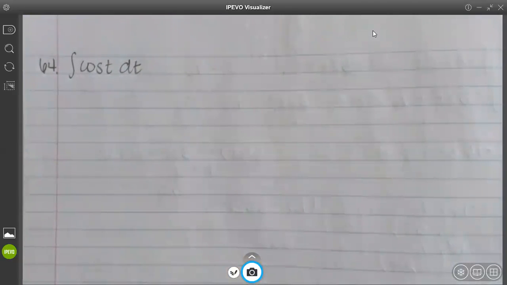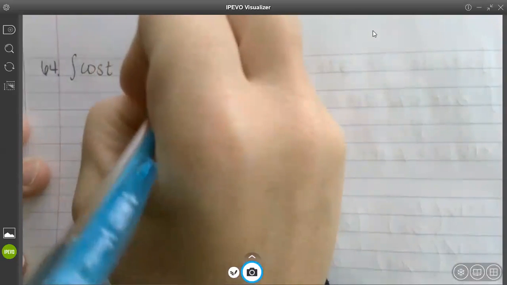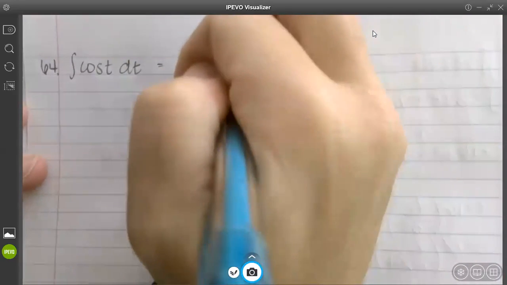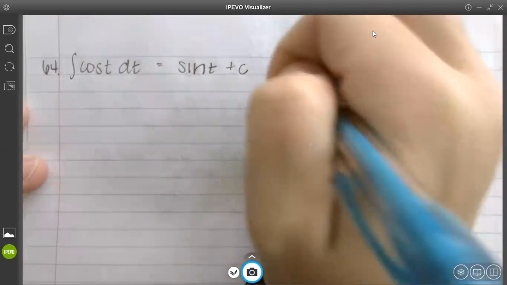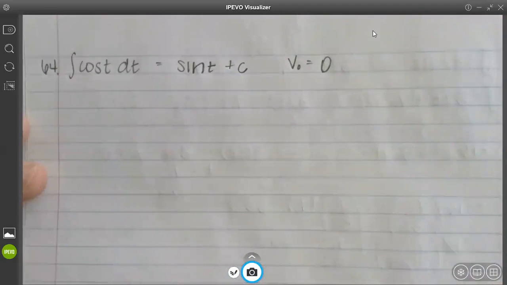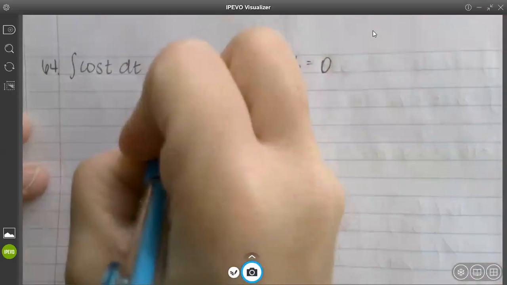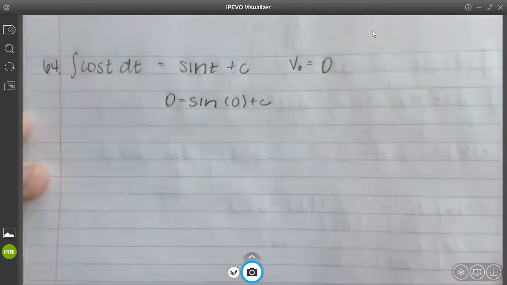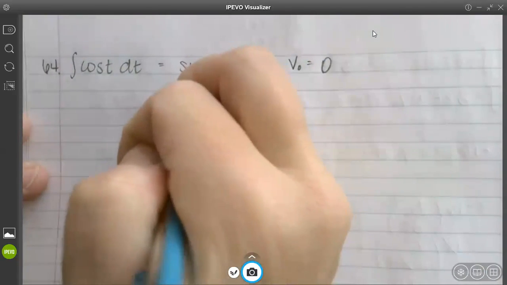On the next one, we're going to start with cosine T, and we're going to integrate it. And we get sine T plus C. Your V sub O is 0. So when you plug in 0, you get 0.